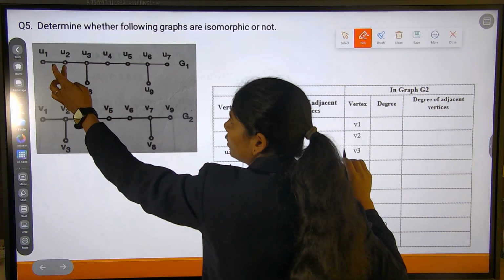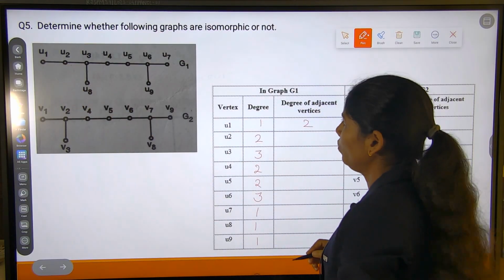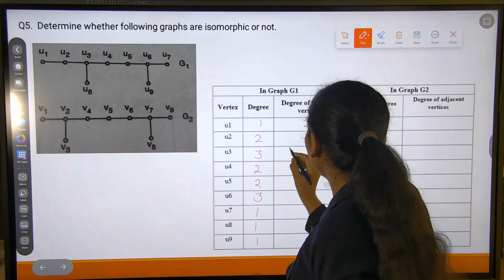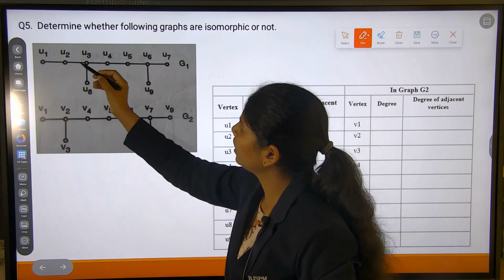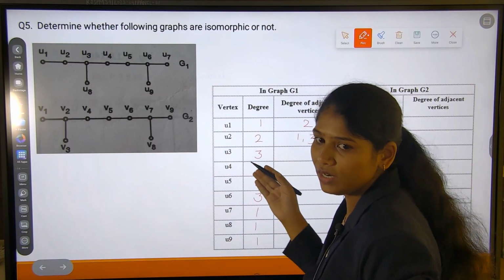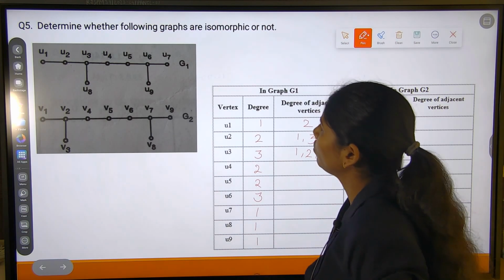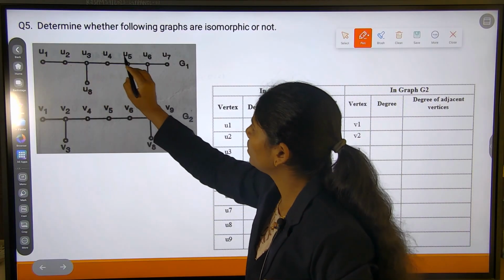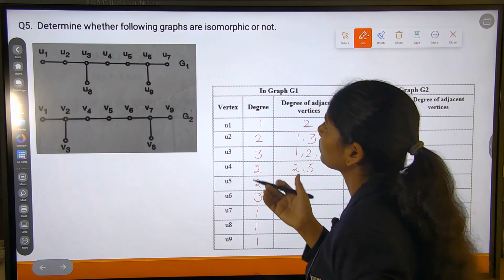The adjacent of U1 is U2, degree of U2 is 2, so write down here 2. Then for U2 there are two adjacent, U1 and U3, so write down the degree of U1 and degree of U3. For U3 there are three adjacent vertices U2, U4 and U8, so write down their degrees: 1, 2, 2. For U4 two adjacent vertices are there, so write down the degree of U3 and U5: 2, 3.